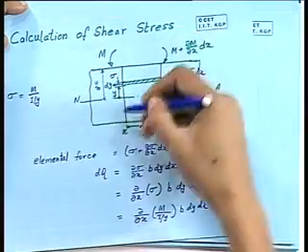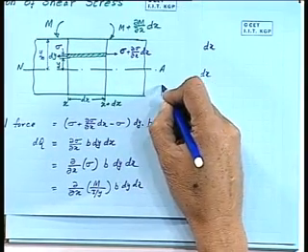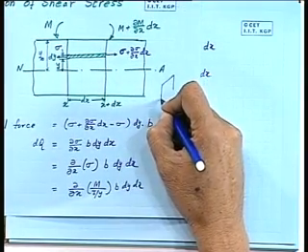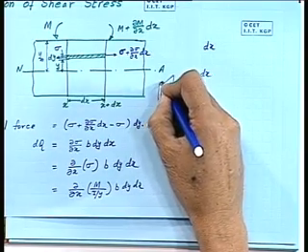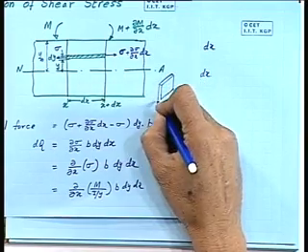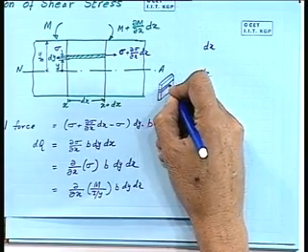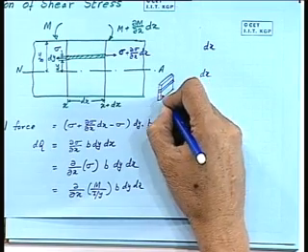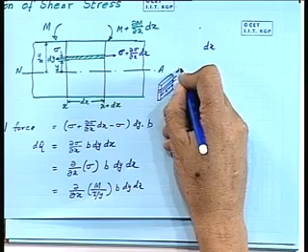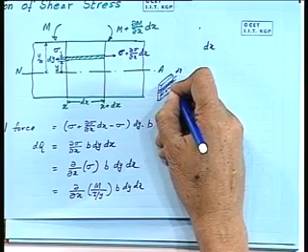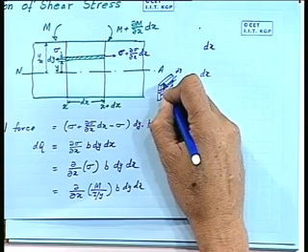If I go along this axis here, if I try to draw it like this, this is b, this is dy. That means this is the area I am talking about, and from y to y max is the entire cross sectional area here.